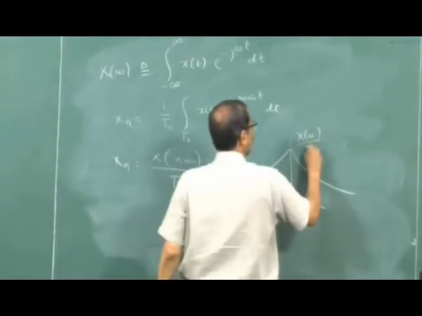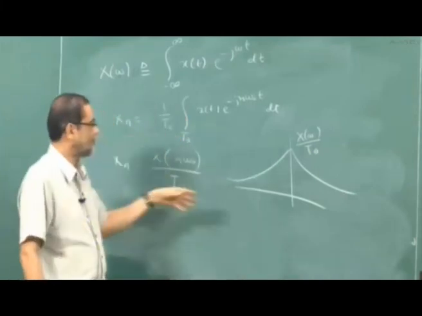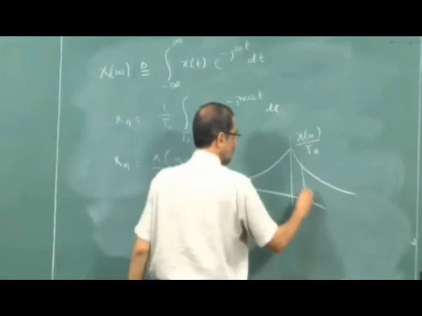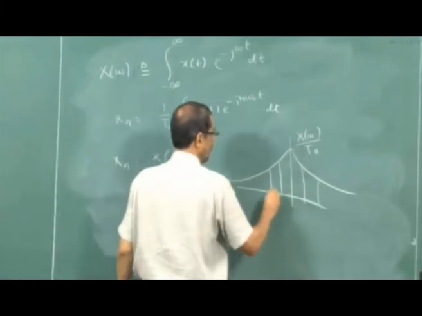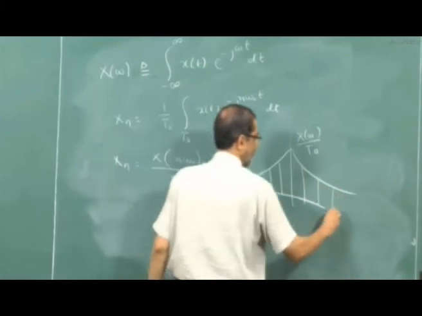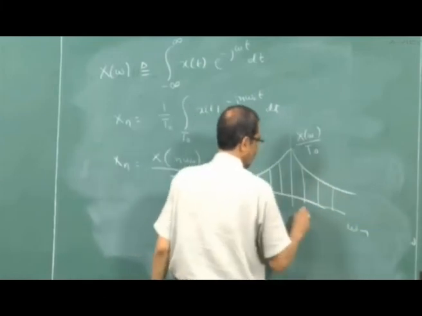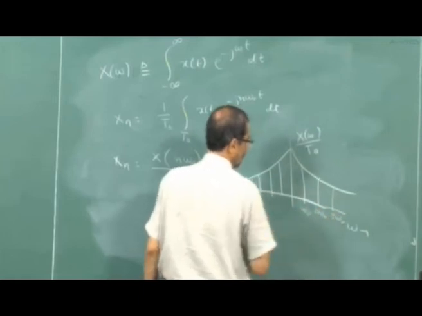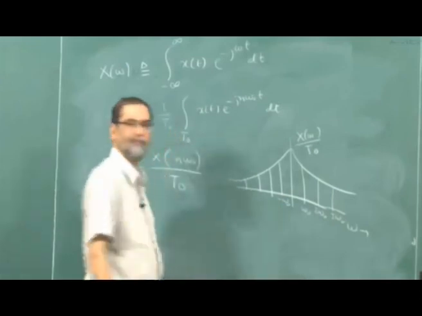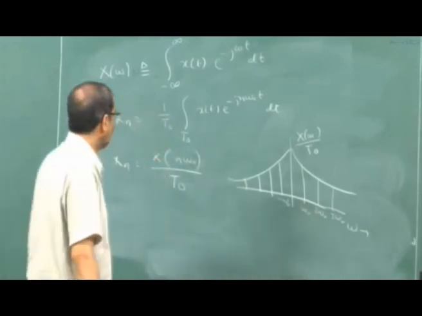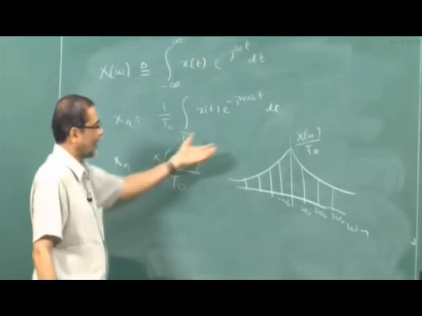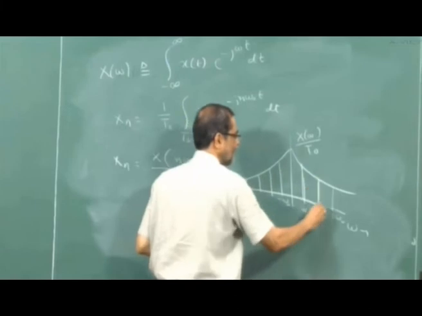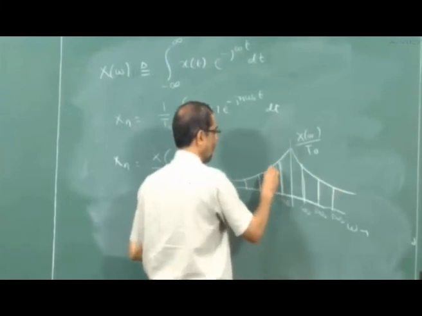Let us say I divide by t naught also, so just a scaled version, and xn are sampled versions of this. So this is omega, now this is some omega naught, 2 omega naught, 3 omega naught, and so on, and minus omega. Okay. So for some t naught I can calculate xn by sampling this function at multiples of omega naught.